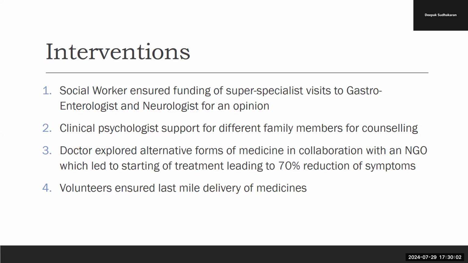We didn't have the expertise to see whether this is going to be enough. Can we increase the dosages, or is there some other medicine which can be tried? We were not sure of it. So we took support for the funding. We took the gastro and neurologist opinion afresh, and they told us that you have to continue with the same medications. There is nothing else which can be done from their end. That was their final opinion.